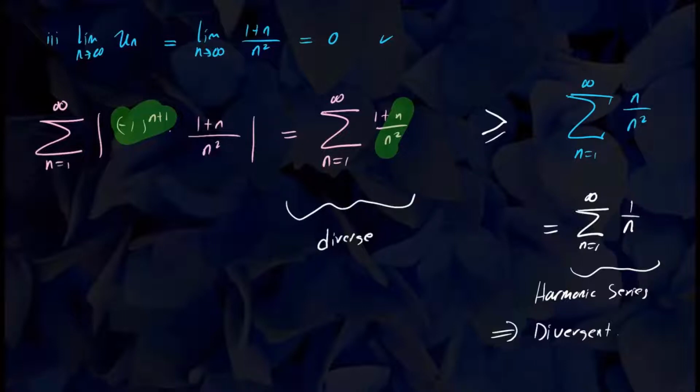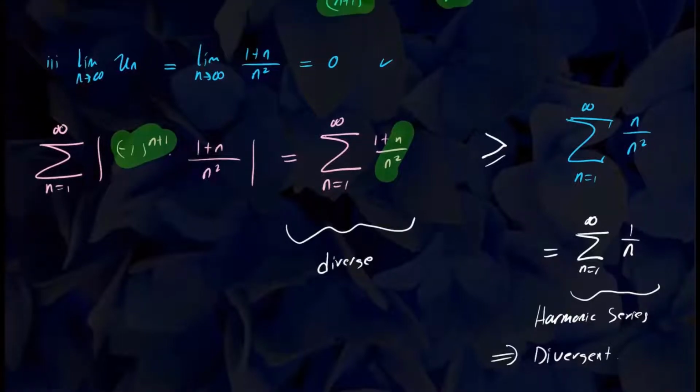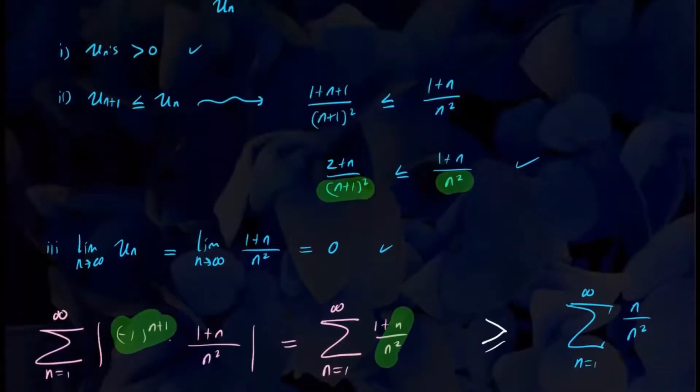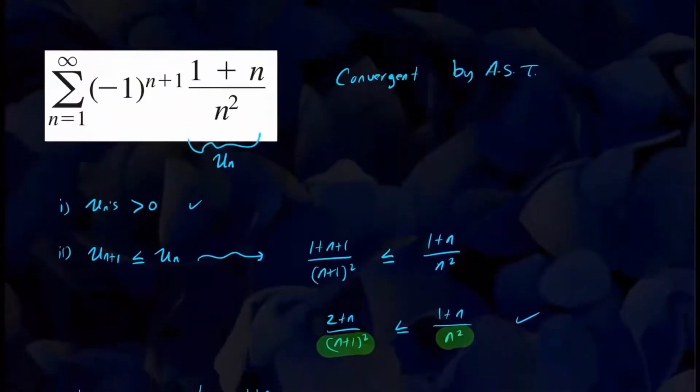So therefore, we can say that when you take the absolute value of this original series, it's actually divergent. But on its own, the series we're looking at was convergent.